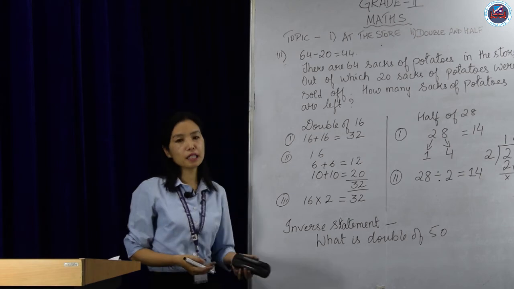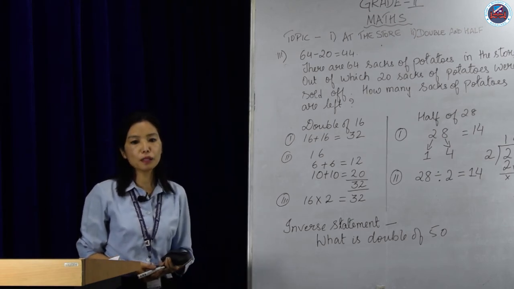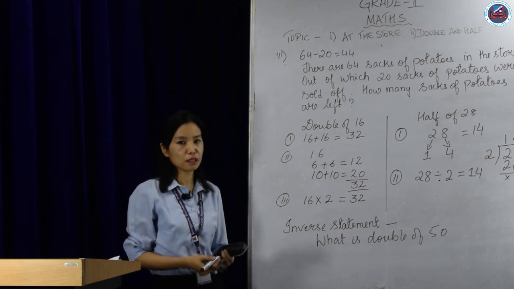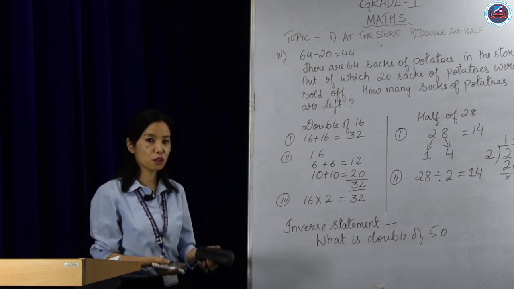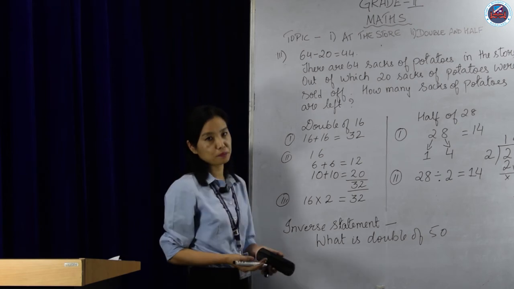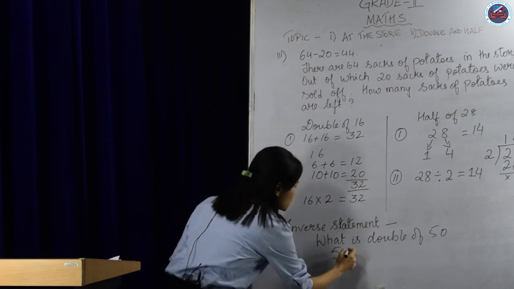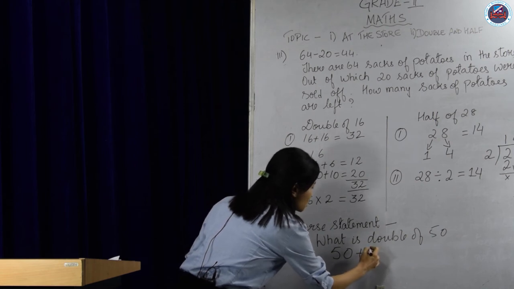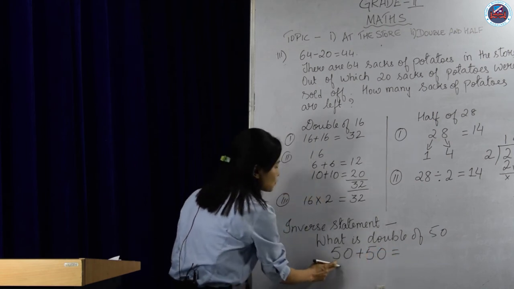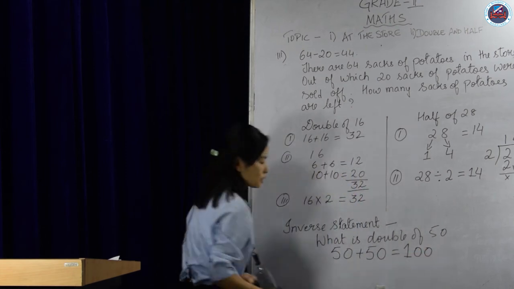Now, the last one is the inverse statement. Inverse statement means the opposite of something, or reversing or undoing it. For example, what is the double of 50? As we know, when we do the double of 50, it means we have to add 50 two times. That is 50 plus 50 equal to 100.